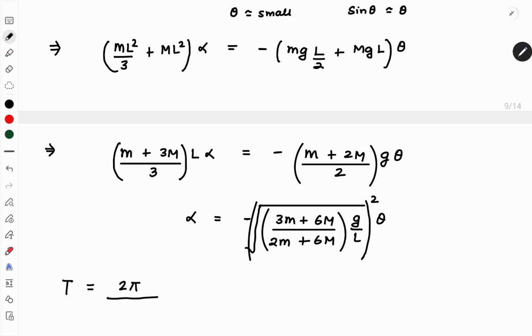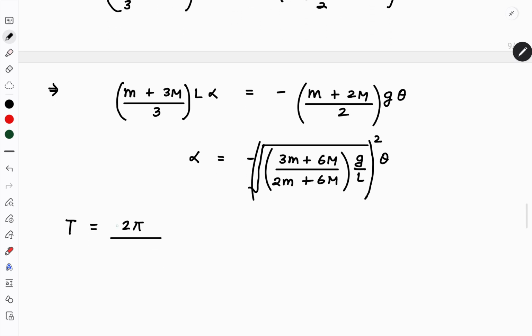So divided by omega, so m plus twice of capital M upon 2 taken common, m plus thrice of capital M. So over here we can say that we have taken 3 common, so 3g by 2L, and this entire term is in square root.